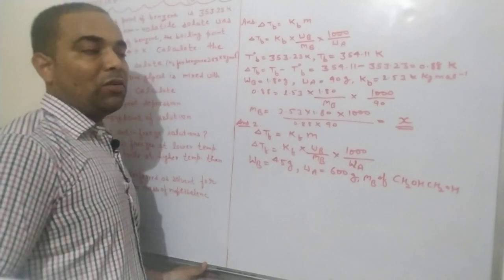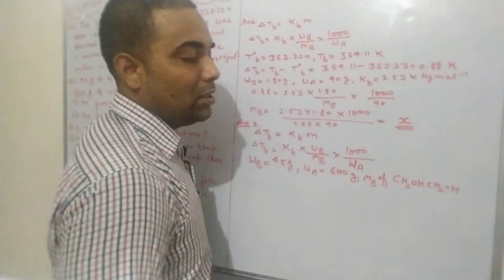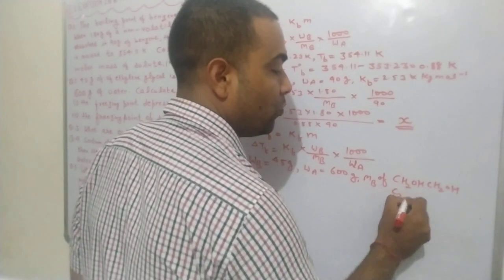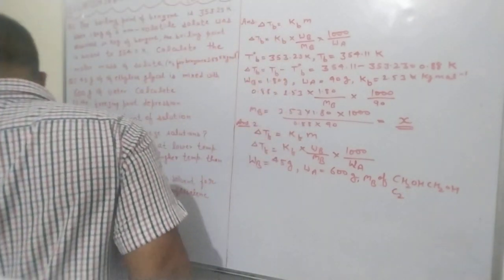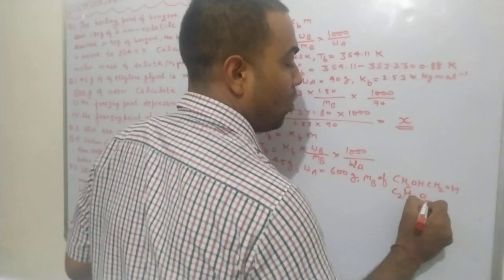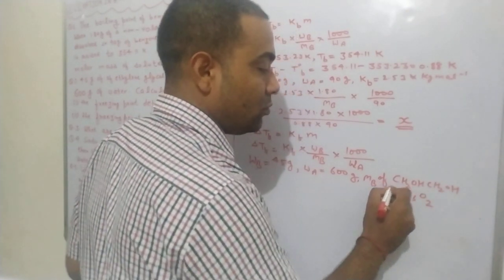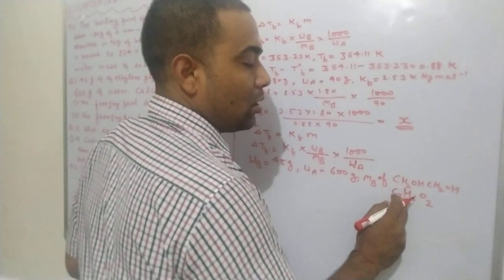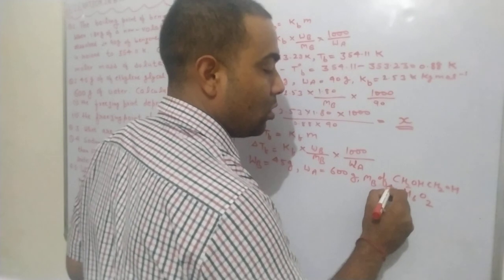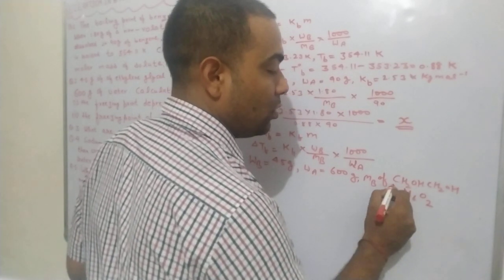This is the formula of ethylene glycol, that is also known as ethane 1,2 diol. We can write in short C2H6O2. This is the condensed formula of ethylene glycol, ethane 1,2 diol. So what will be the molar mass of ethane 1,2 diol?